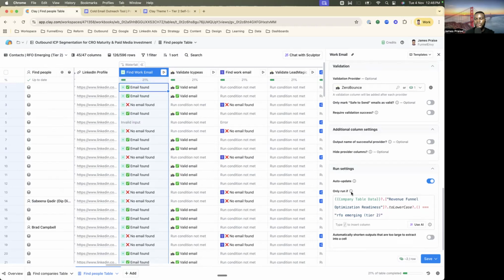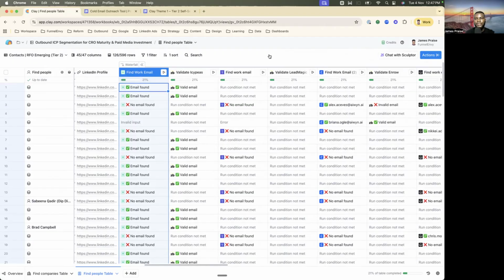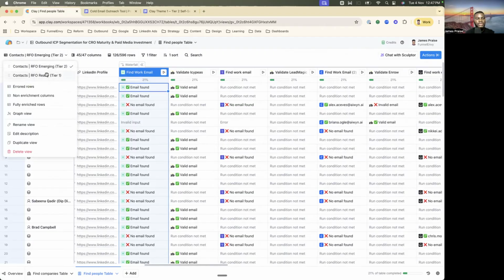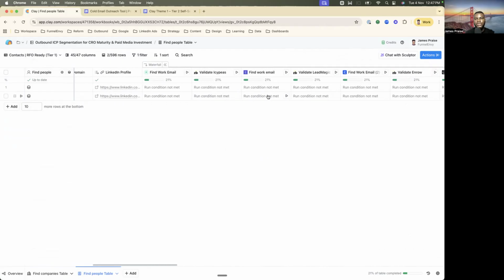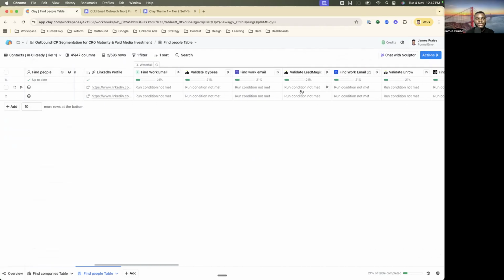And I did conditional run settings as well. It should only run if it doesn't find an email, and it should only run if these are people that meet my tier, the tier of my campaign, because this is also a segmented table. For tier one contacts, it's not going to run the enrichment because they don't meet the criteria, so I don't waste my Clay credits, right?